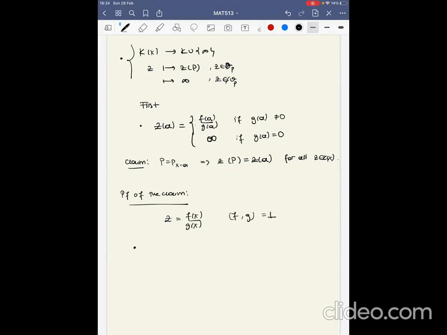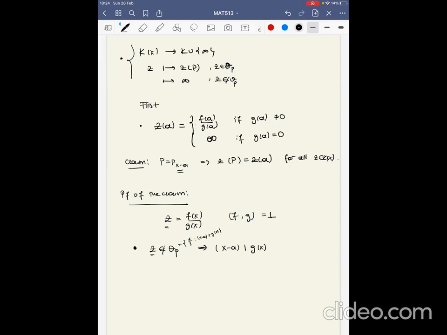First we want to see that if z is not in O_P with respect to this place, that means x minus a divides g(x), because by the definition of O_P, we have fractions f over g where the denominator is not divisible by x minus a.